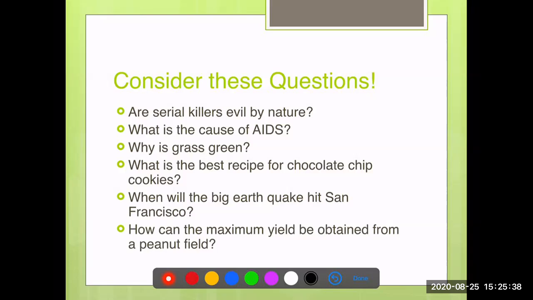Are serial killers evil by nature? Most students would have an issue with the word evil. It turns out that some groups might consider some actions to be evil, whereas other groups might consider them perfectly acceptable. So we don't have a consistent consensus agreement on what is evil.